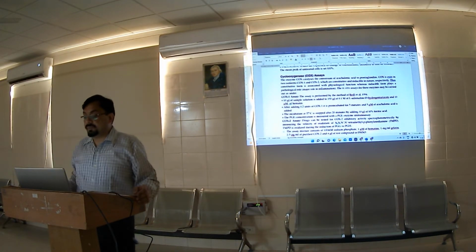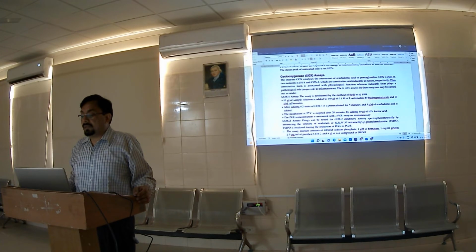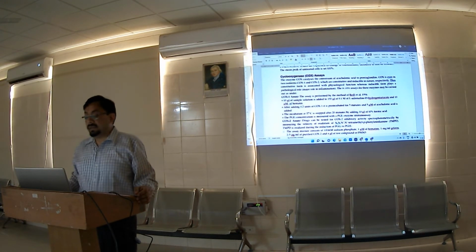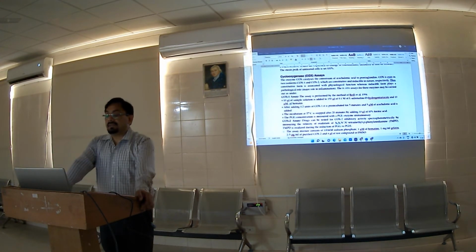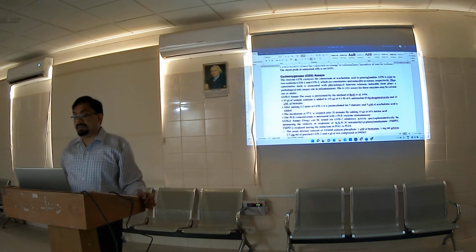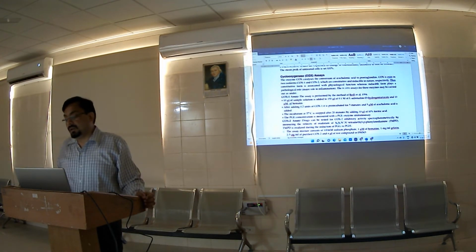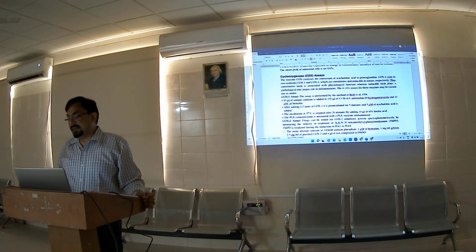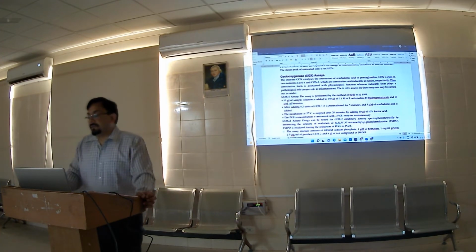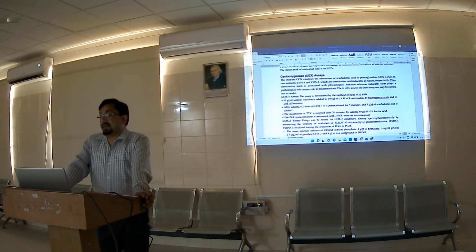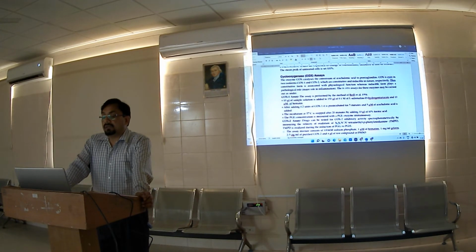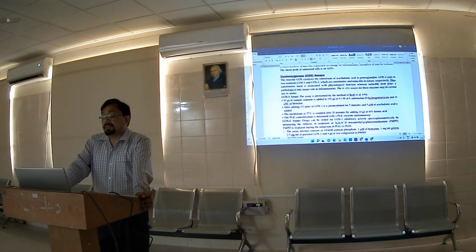The assay is performed by the method of Reddy et al., 1994. 10 microliter of sample solution is added to 190 microliter of 0.1 molar L-adrenaline dihydrogen tartrate in 10 micromole of hematin.